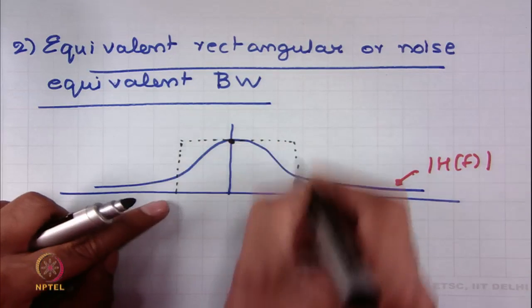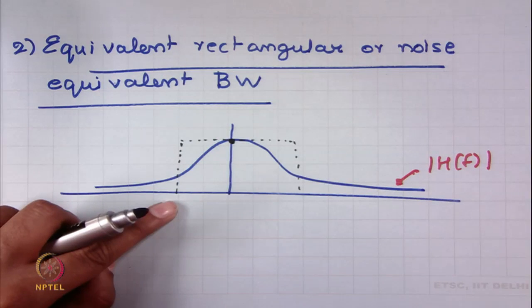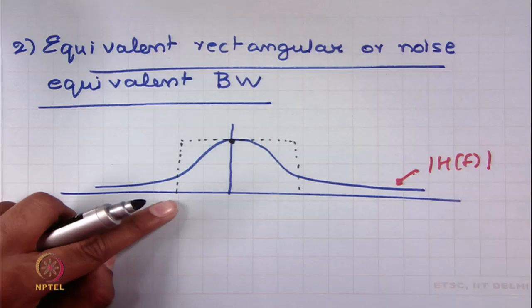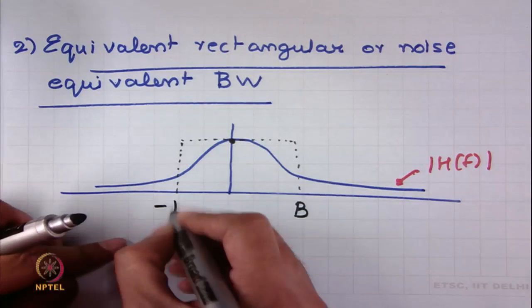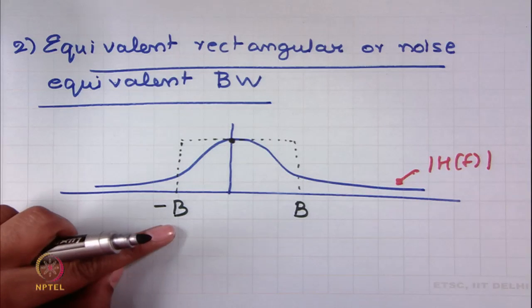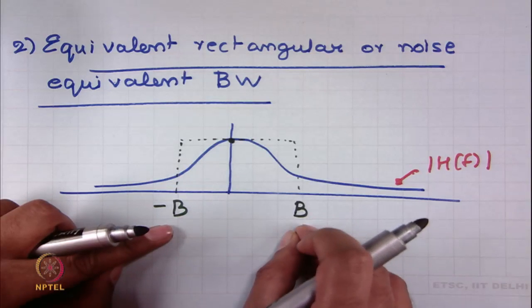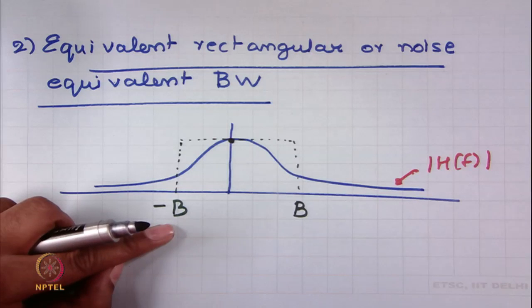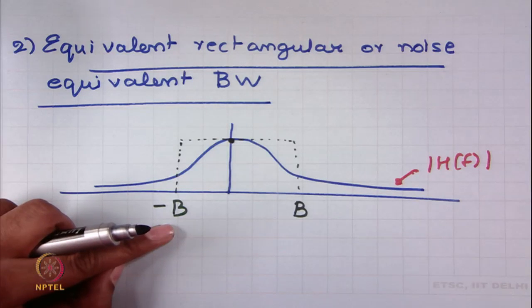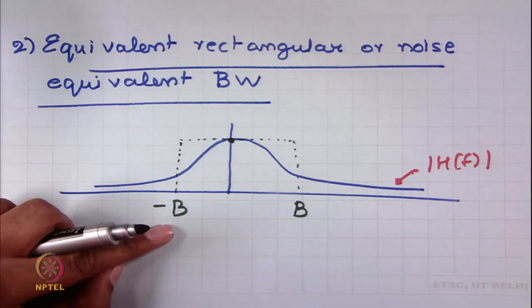So, this rectangular cap sits or is centered around this peak value, and this rectangular cap takes a total support of 2b, then the bandwidth is defined as the value of b for which the energy contained in this rectangular cap is the same as the energy contained in this HF.